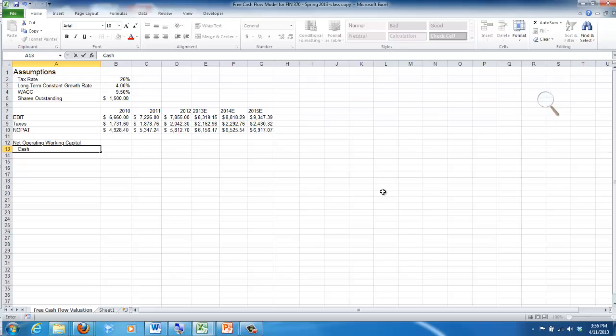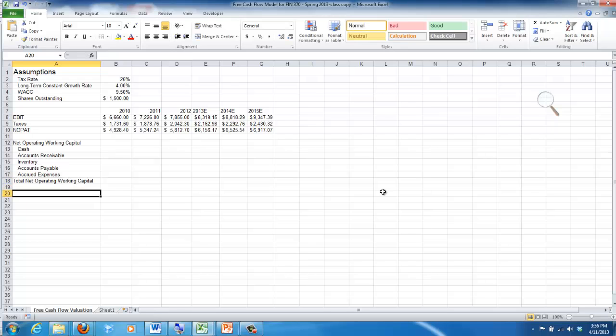And in this case, my net operating working capital is going to consist of cash, accounts receivable, inventory, and then I'm going to subtract out accounts payable and accrued expenses. So that's going to give me total net operating working capital. And then I'm going to add in net fixed assets.